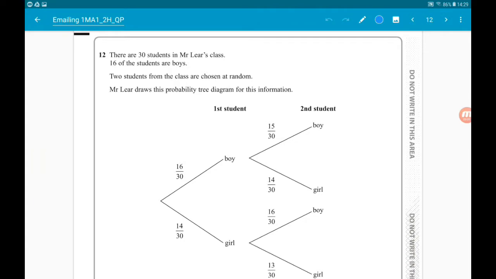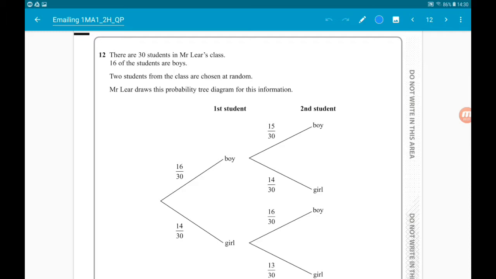Okay, number 12, more probability. So there are 30 students in Mr. Lear's class. 16 of the students are boys. 2 students from the class are chosen at random. Mr. Lear draws this probability tree diagram for this info.